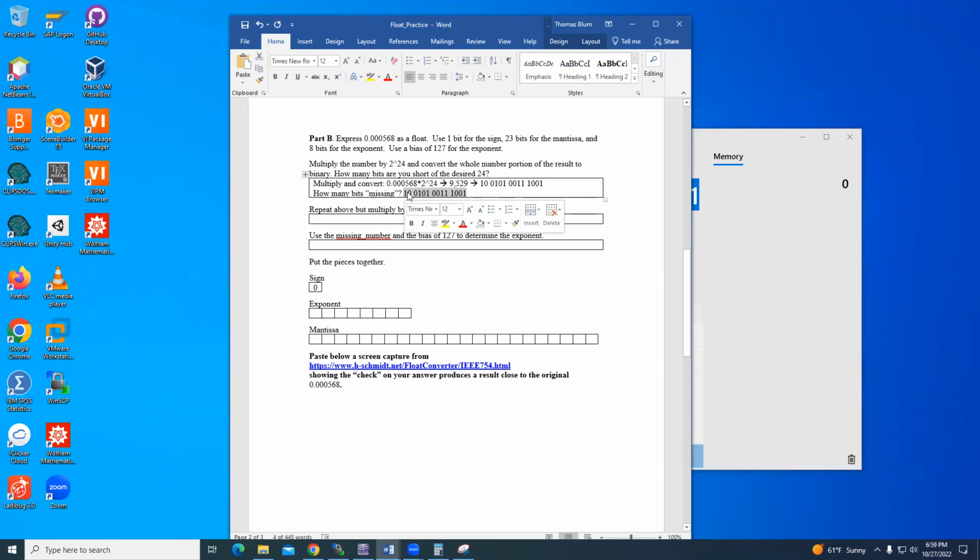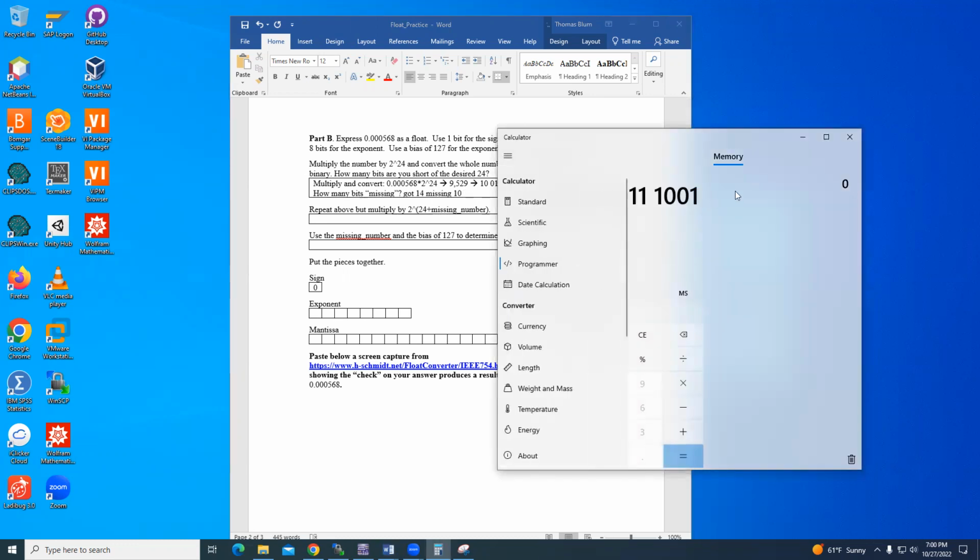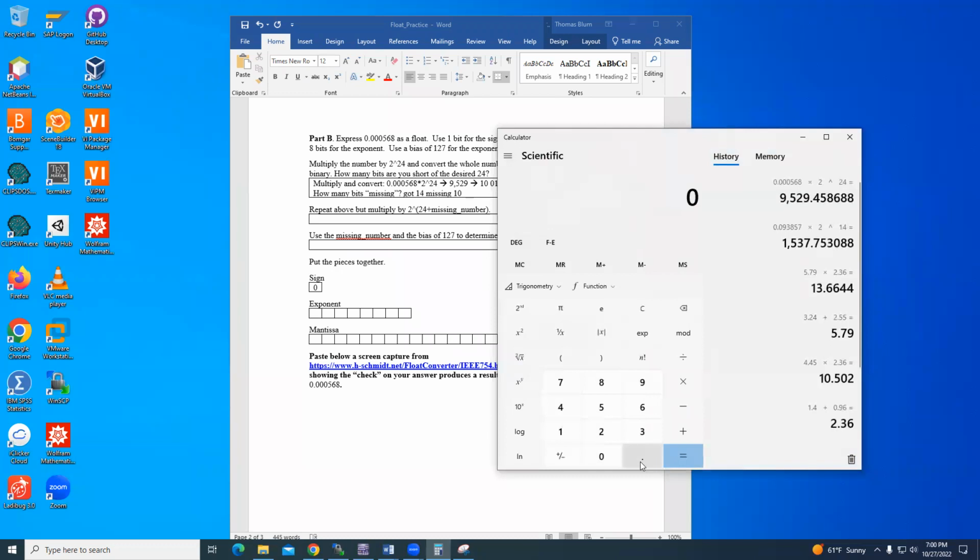I'm missing 10. Okay, so now I repeat the same game, but instead of doing 24, I do 34. And I should get the same numbers in the front and then just 10 more numbers, if this is the right game.